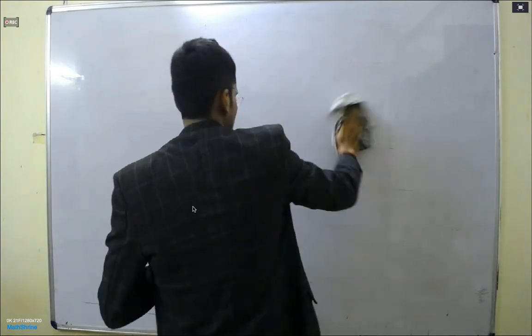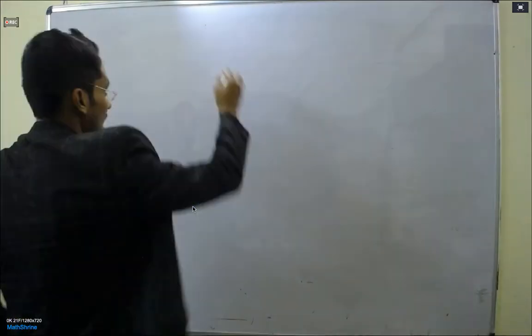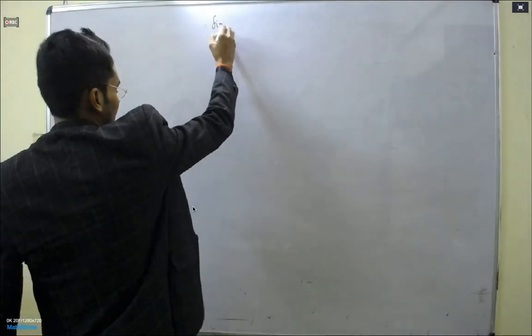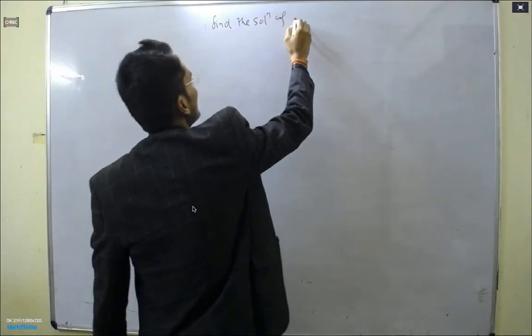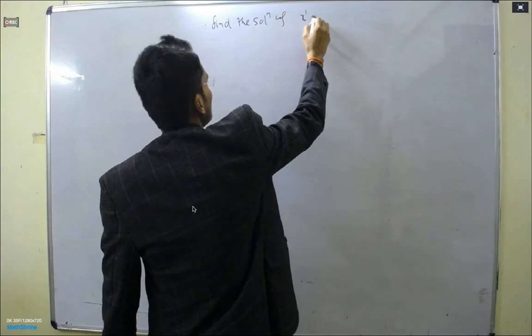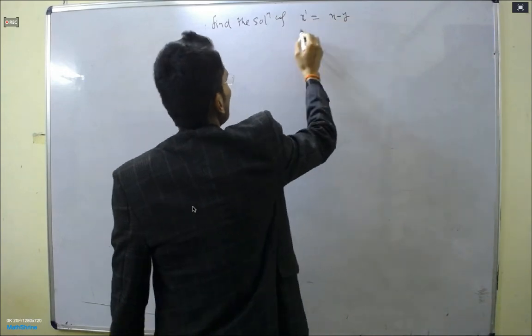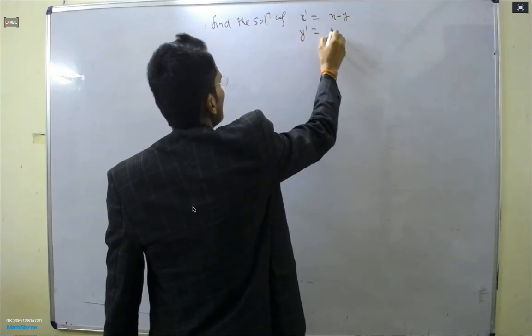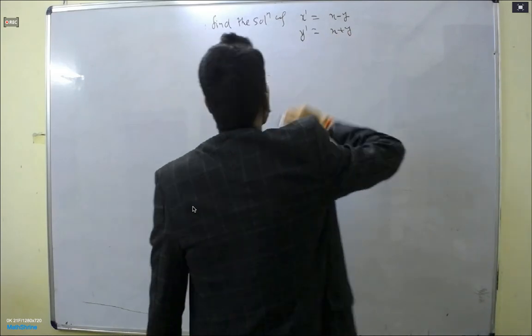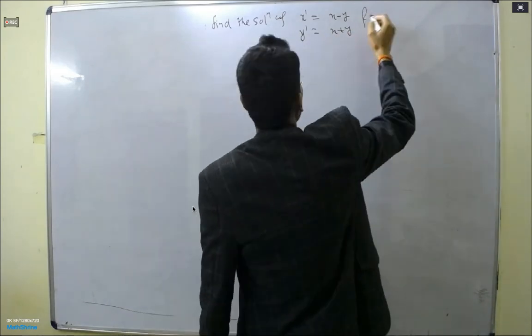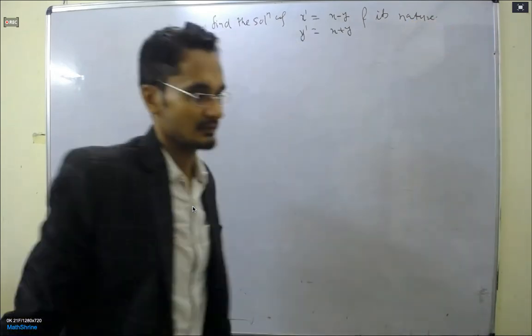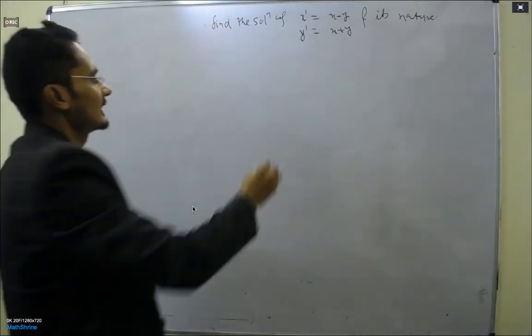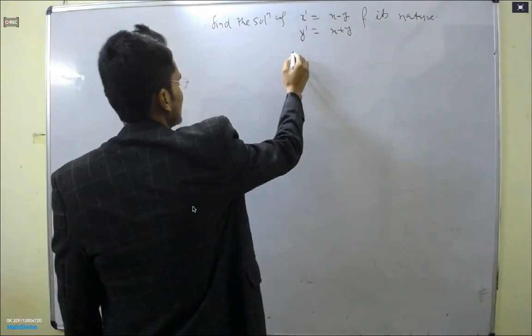So the matrix is this, and the auxiliary equation is r square minus trace of matrix (1 plus 1) into r plus determinant, 1 minus (minus 1), so it will be plus 2. You can please check, there might be some mistake. So r square minus 2r plus 2.